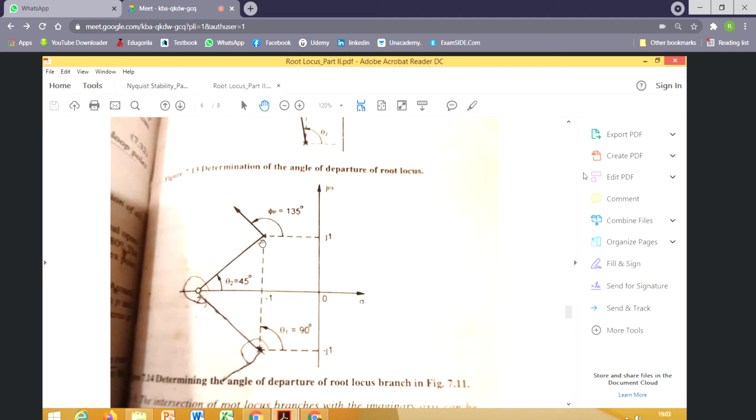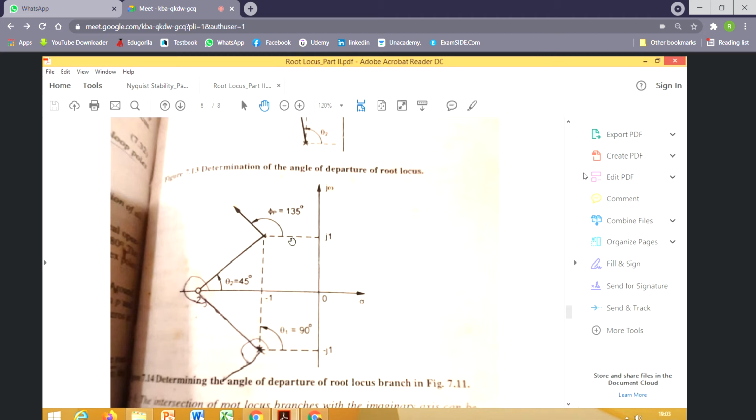180 degree for the pole and 90 degree for the zero. I don't get you. What will be the angle of departure? Ma'am, it will be plus 135 degree. Plus 135 degree? Have you calculated the value?